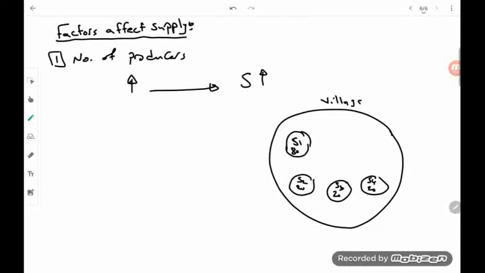So the overall number of units supplied has increased from 100 to 140. So as the number of producers or suppliers of a commodity increases, total supply is going to increase.